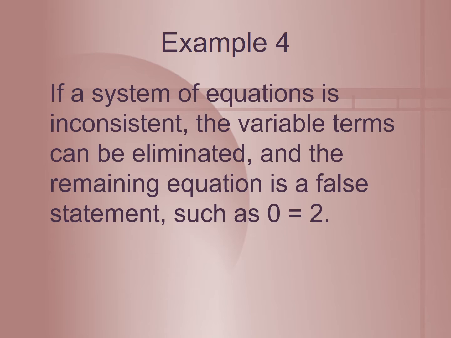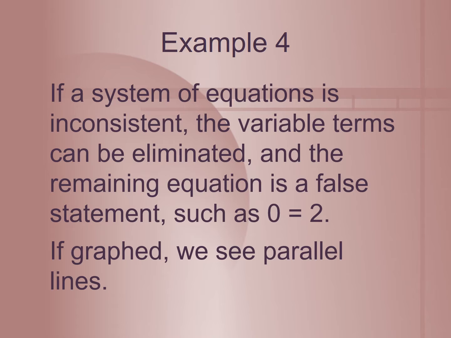But I also want you to look at the statement 0 equals 2. When you get a false statement after all the variables have been eliminated, that's how you know that your system is inconsistent. So if you're trying to solve a system and your variables disappear, they cancel or they're eliminated, and you end up with a false statement, then you know that your system is inconsistent.